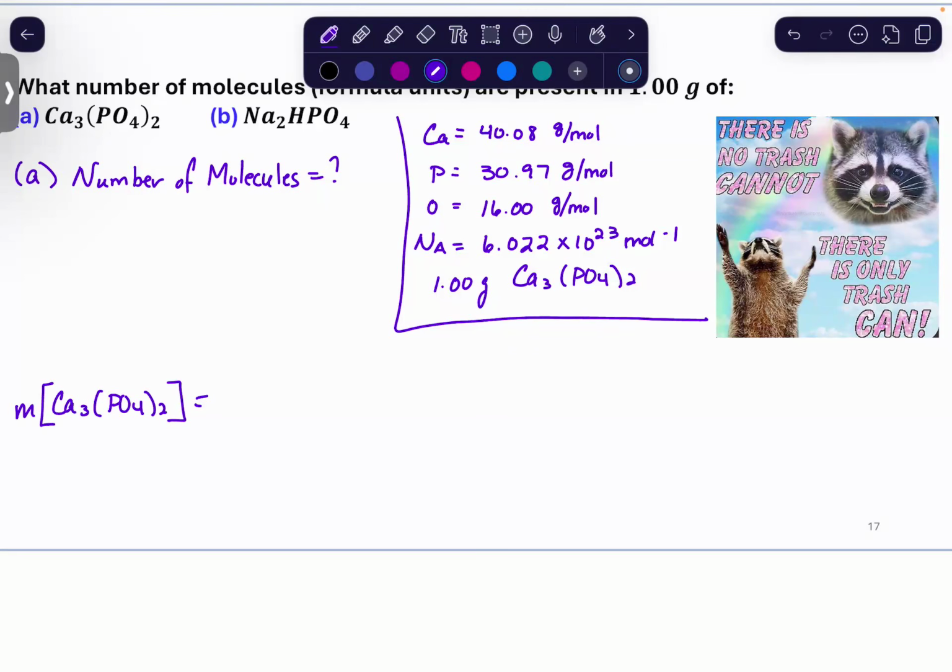Just going to do it. So we're going to need 3 calciums plus 2 phosphorus plus 8 oxygens. That's going to be 3 times 40.08, 2 times 30.97, and 8 oxygens.